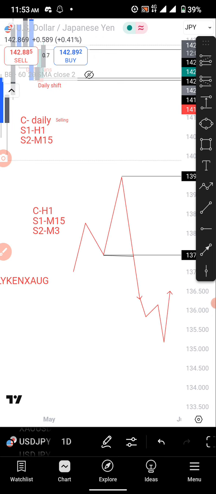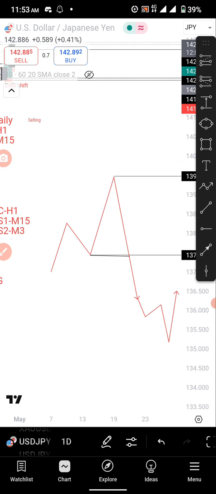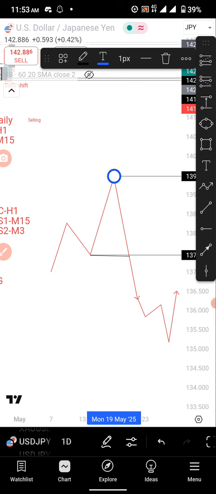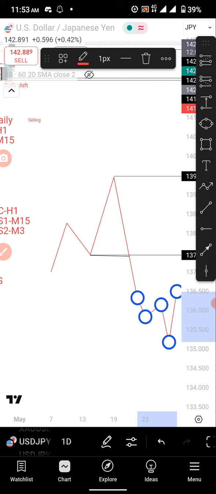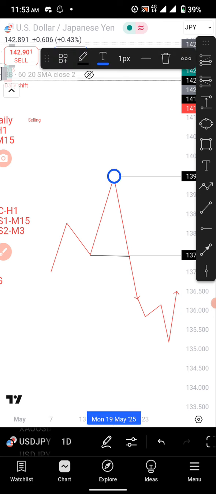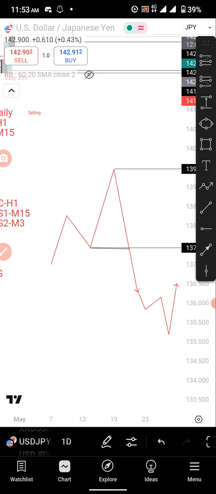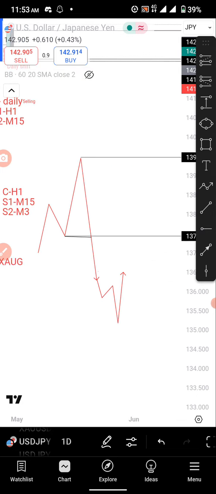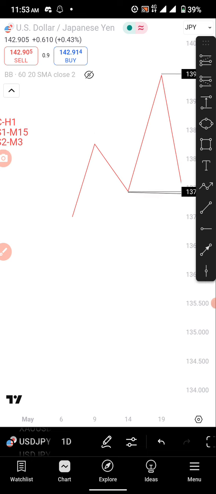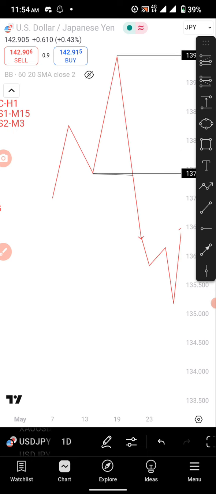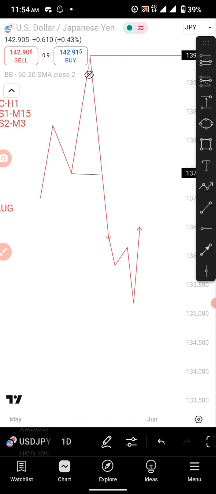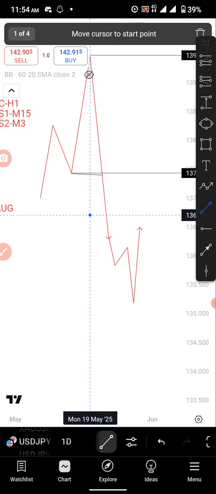We are waiting for the market to come back above here for sales, meaning that we have to get ways of buying this market from this side to this side for sales. And H1 is showing us now that it has momentum of buys because it has shifted from here.